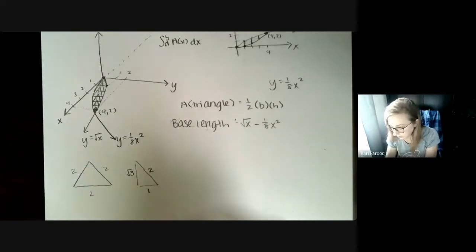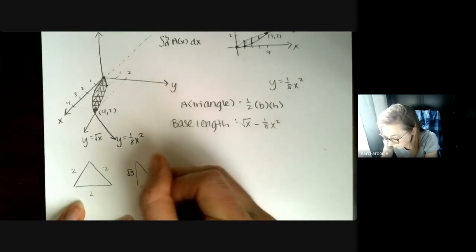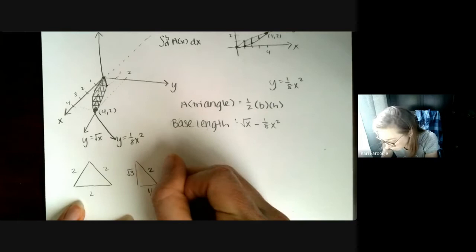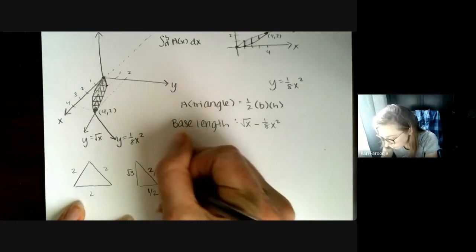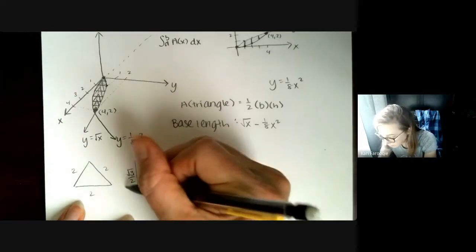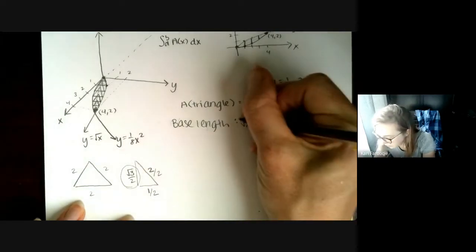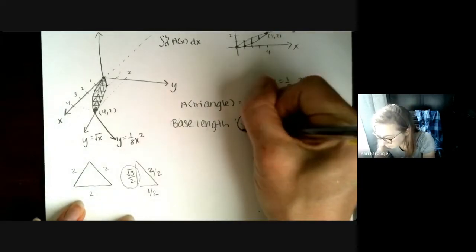We can say that in this case, if this was half of our base, considering your base was 1, then we could divide all of these sides by 2, and the height of your triangle would be the square root of 3 over 2 multiplied by that base length.